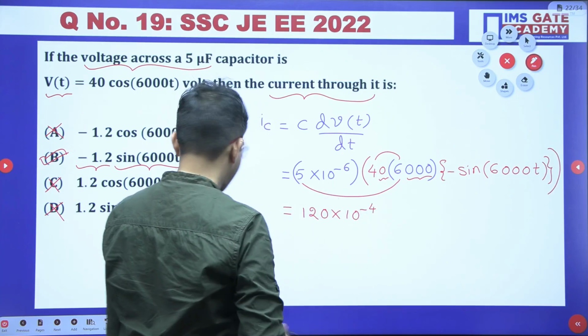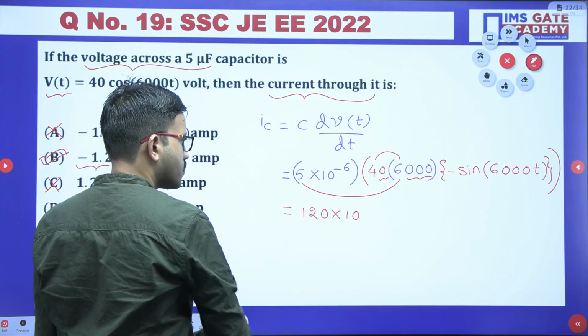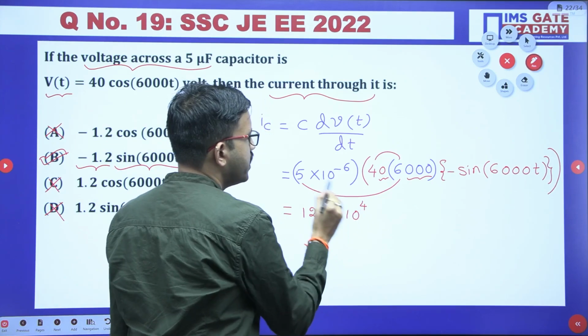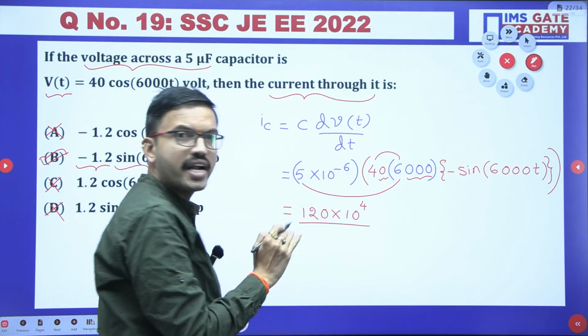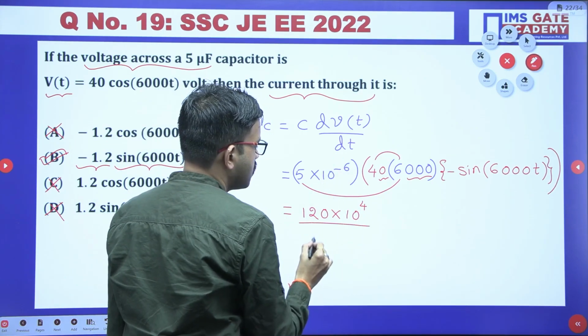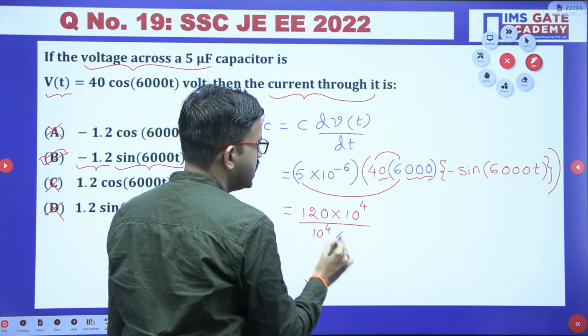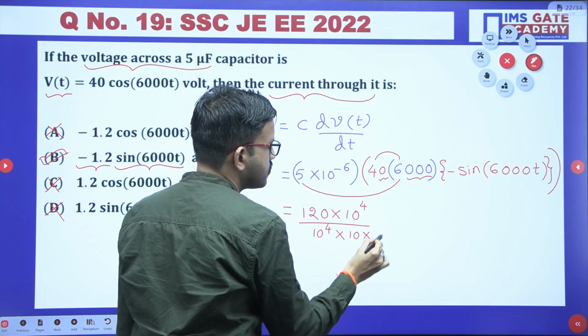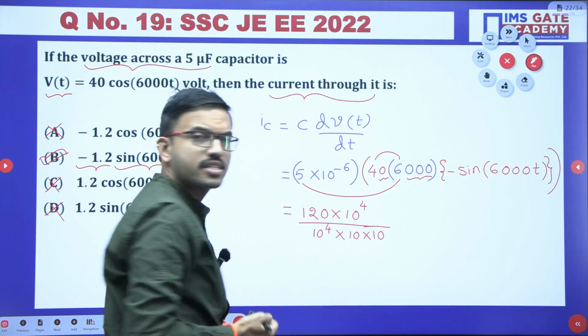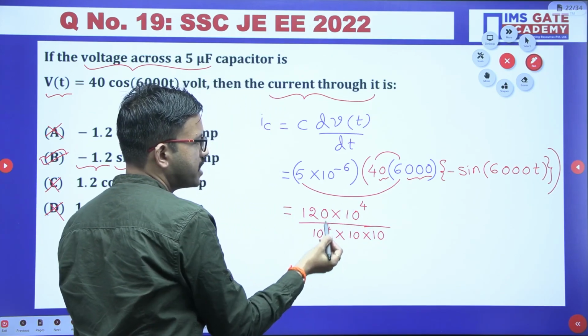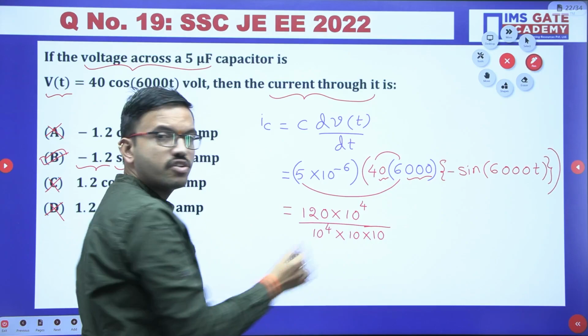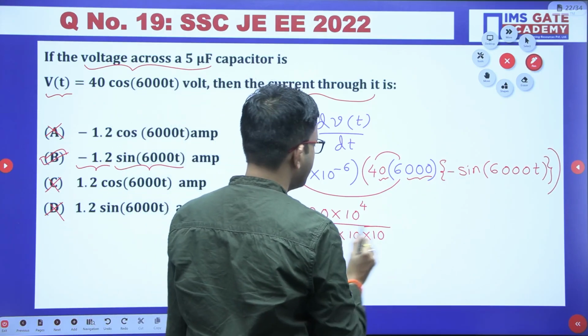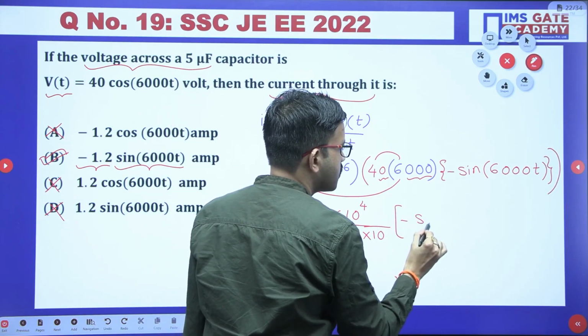Sorry. Yeah, 10 power 4. Here 10 power minus 6 is there, which I am writing like this: 10 power 4 into 10 into 10, just to make the calculation simpler. 10 power 4 I kept as it is, and then 100 is there, 10 into 10 I have written. And then the rest everything you can copy as it is, like minus sign, 6000 t.